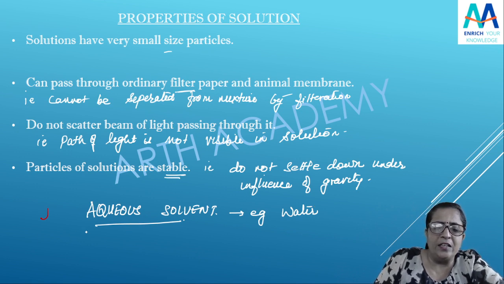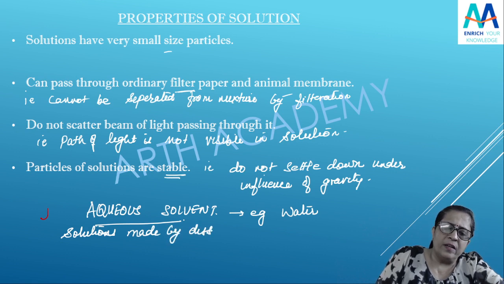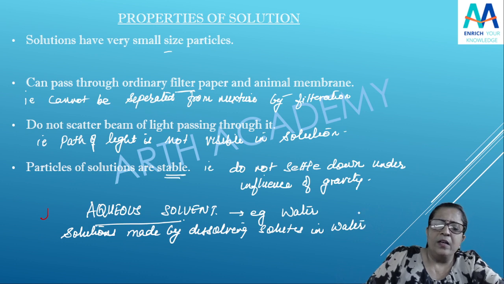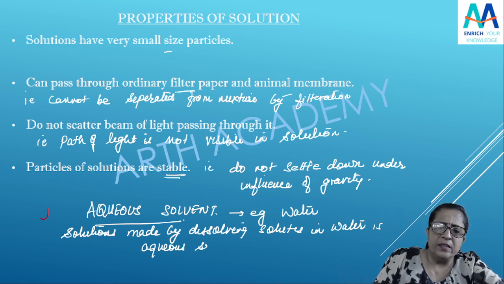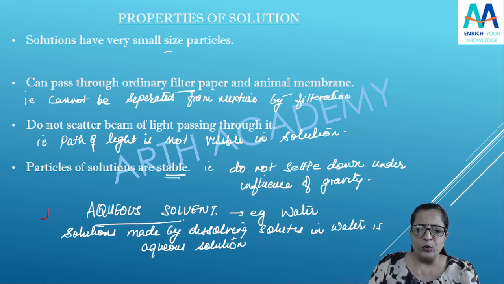I can write here: solutions made by dissolving a solute, which can be anything, in water. If that solute is dissolved in water, then it is called an aqueous solution. I hope this is clear. So whenever the solvent is water, what will it be? It is your aqueous solution.